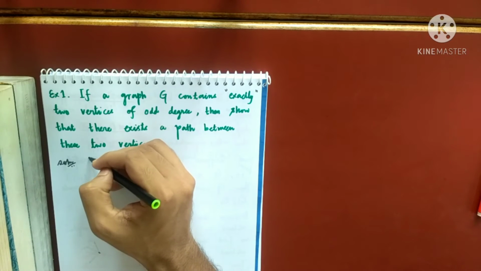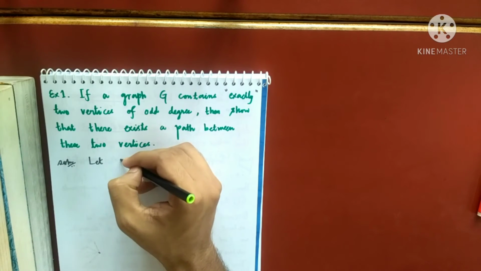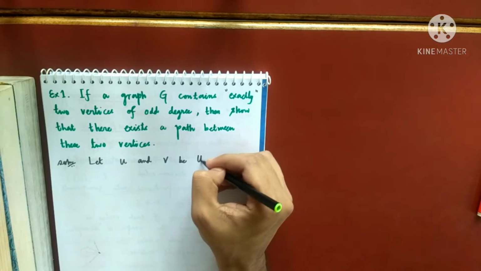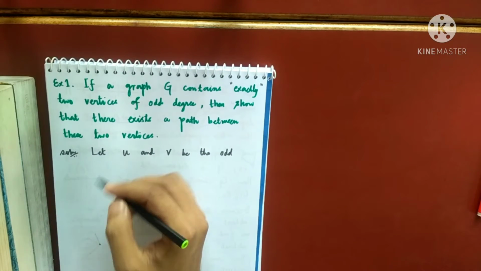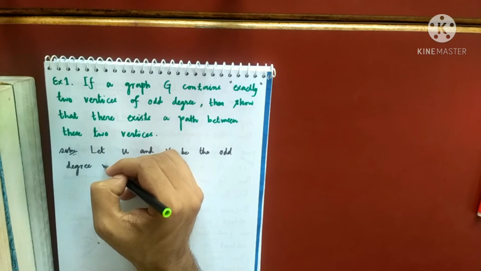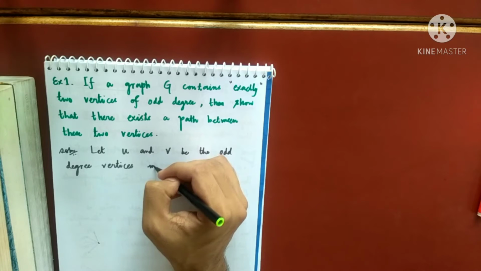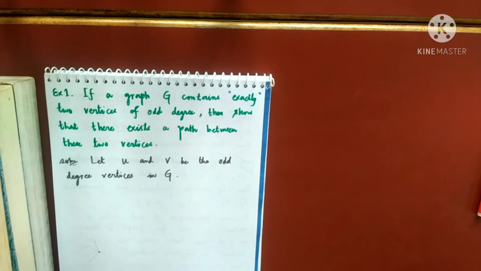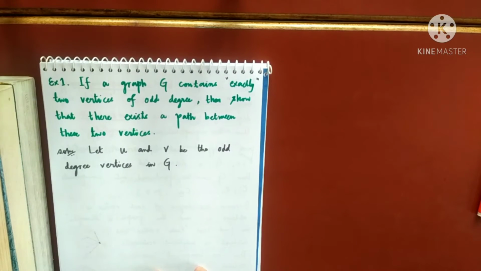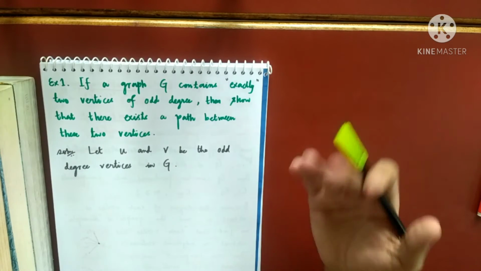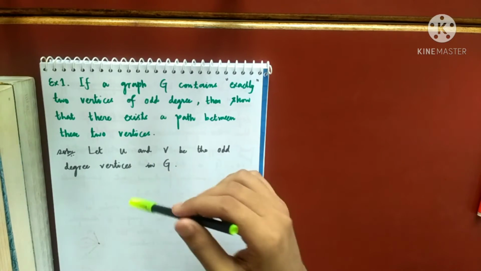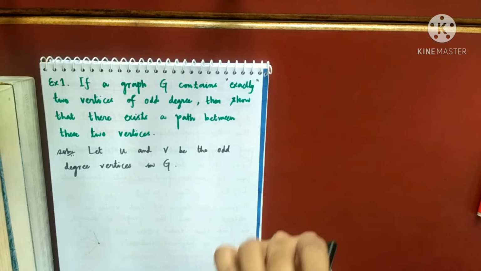So I'll first name these two vertices U and V. Let U and V be the odd degree vertices in G. Suppose U and V are the two odd degree vertices in G, and these are the only two odd degree vertices in G. Again I am repeating, if the graph G is connected, there is nothing to prove, because in a connected graph, you can find a path between any pair of vertices.